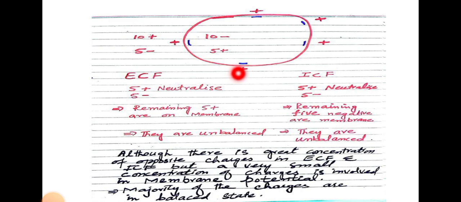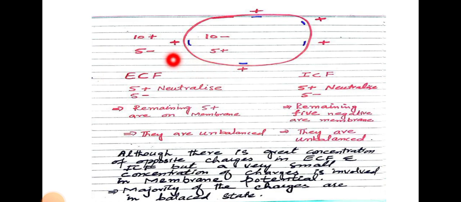So these are the 5 positive and 5 negative that remained unbalanced. They are responsible for membrane potential. As I have already told you, the total concentration of charges is far greater than the charges that remain unbalanced.